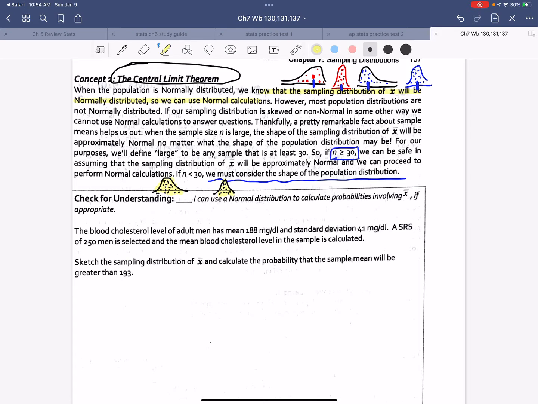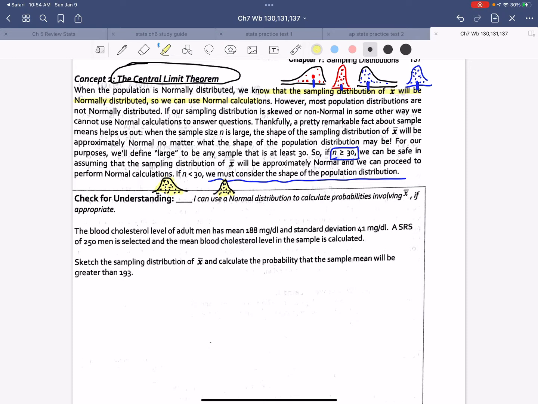However, most population distributions are not normally distributed. If our sampling distribution is skewed or not normal in some way, we cannot use normal calculations to answer questions. Thankfully, a pretty remarkable fact about sample means helps us out.